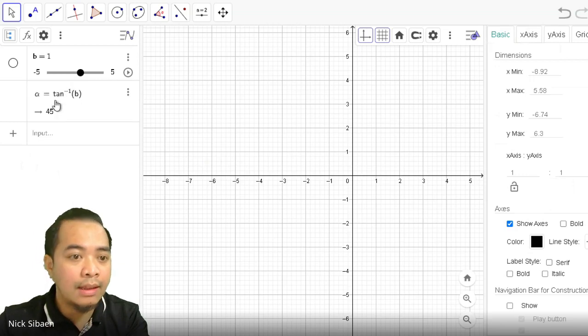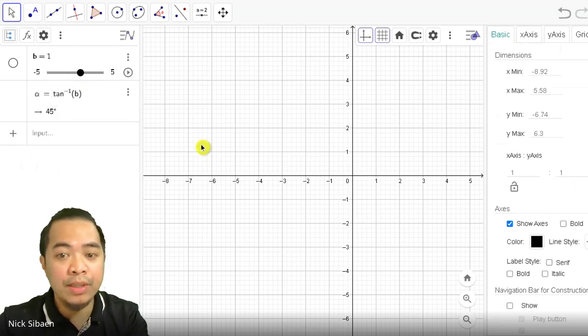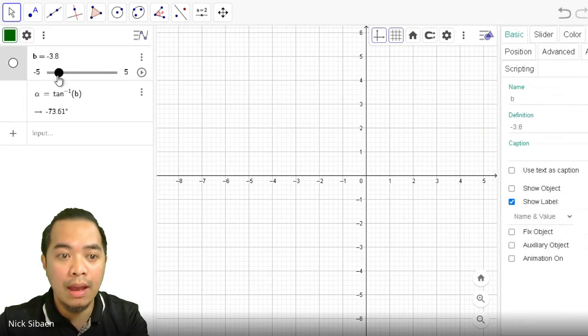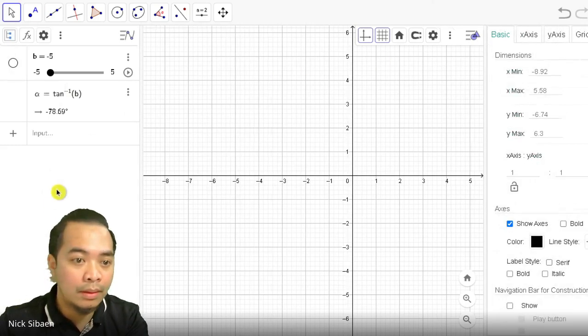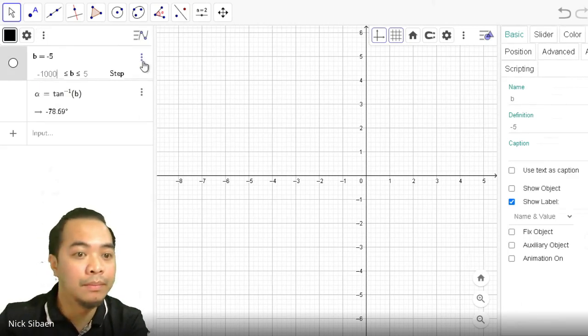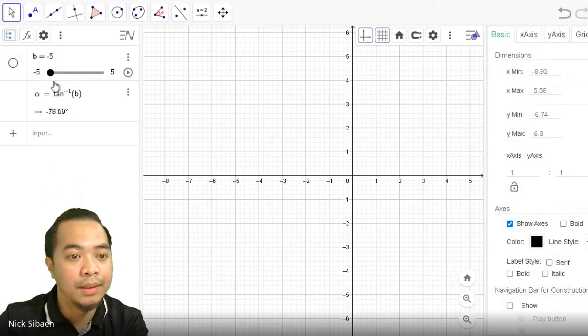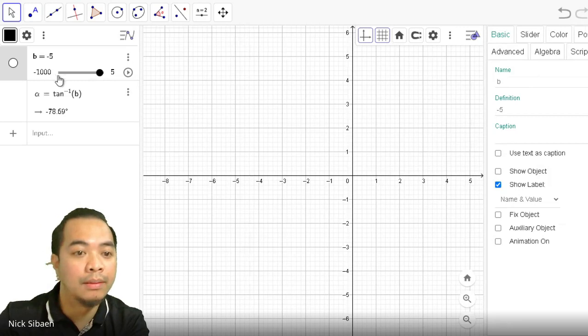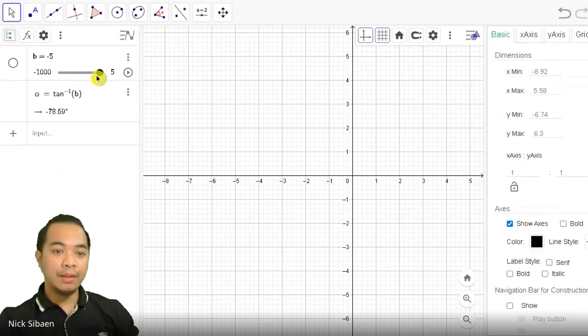Ito, nakikita natin yung angle, that's B. Tapos nakikita natin kung ano yung value ng ating tangent. Ito yung tangent of the angle.